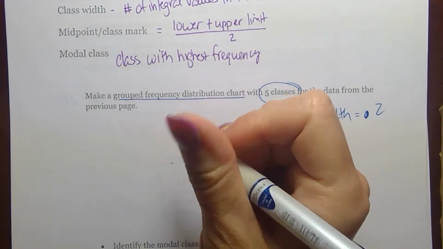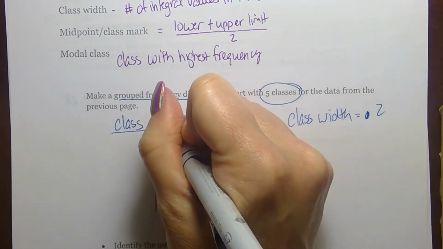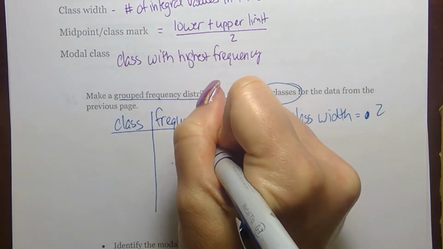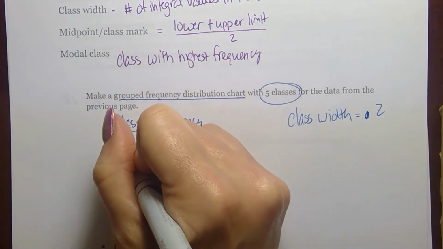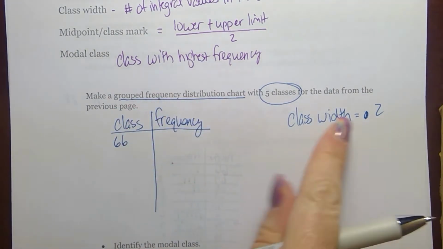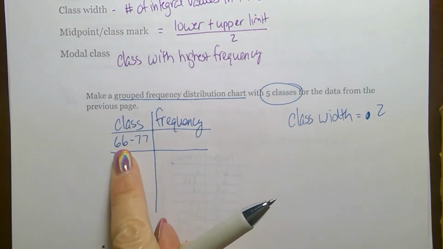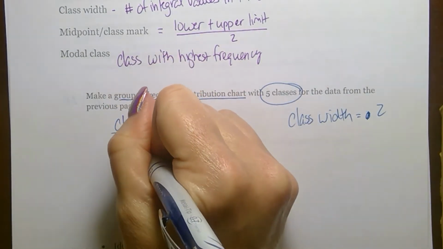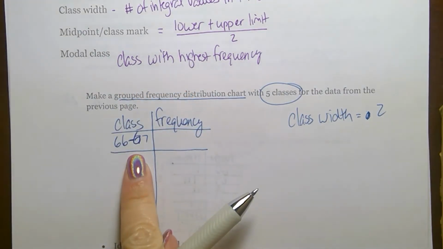So from our previous page, instead of height and frequency, now we're going to do class and frequency. My first height, my shortest height, was 66 inches. Since I'm going to have a class width of 2, this first class is going to contain all students who have a height of 66 or 67, not 77, 66 or 67 inches tall.